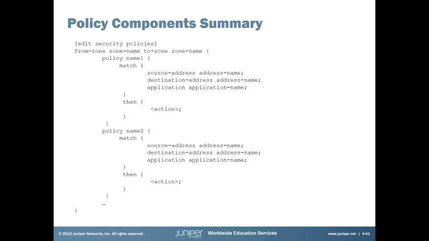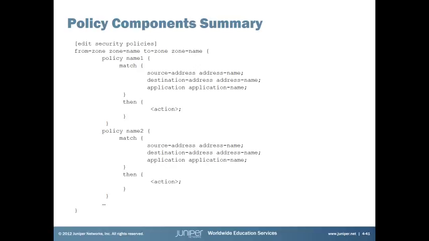So let's have a little summary of the components of a security policy. It's written under the edit security policies hierarchy. The context is always from a zone to a zone. The policy has a name, which you make up; you decide what the name is. The next criteria is match.